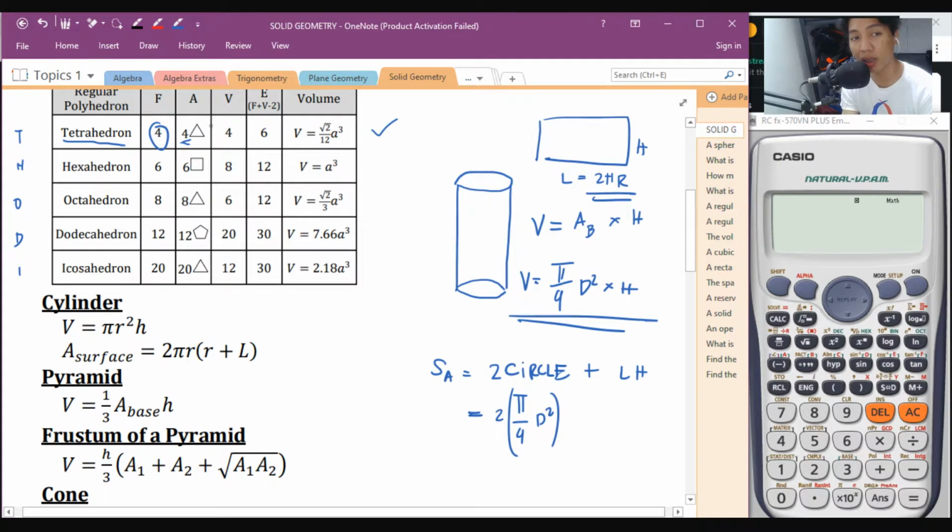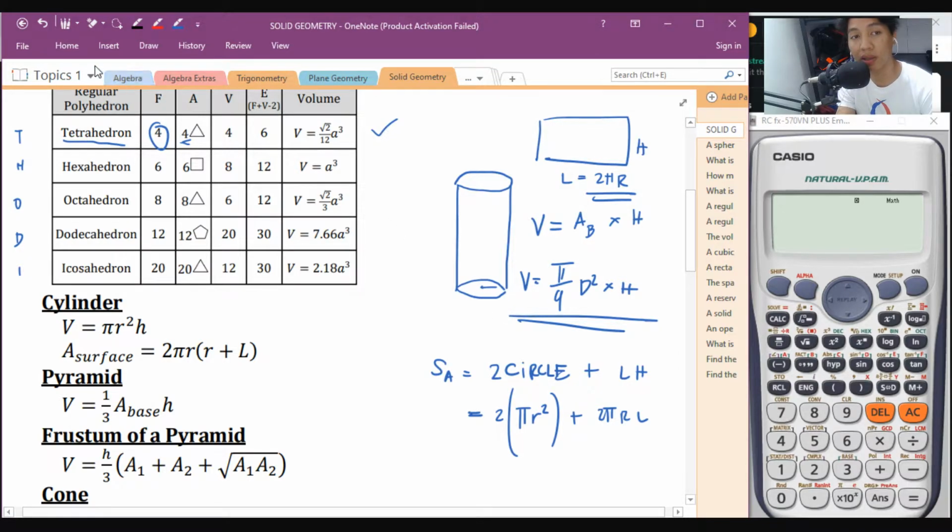Or gawin na lang natin ng radius. Kapag radius, that is 2 pi r squared, or twice nung area ng circle. Ang area ng circle with the use of your radius, that is pi r squared, plus, tignan nyo ito ha, 2 pi r L. Pero itong R na to is the same ng R na nandito.